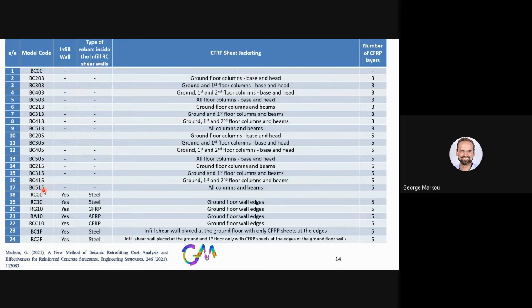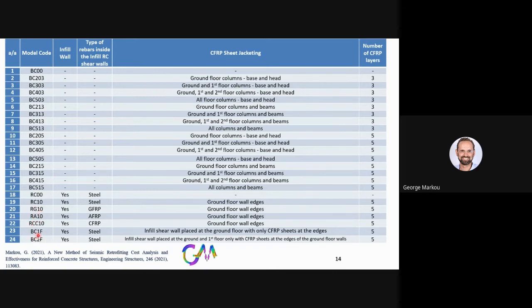So this was, let's say, the coding system that was used. And RC referred to the structures, the buildings that foresaw infill shear walls. And RC refers to steel rebars, RG refers to glass, A, aramid, and CC refers to the carbon.